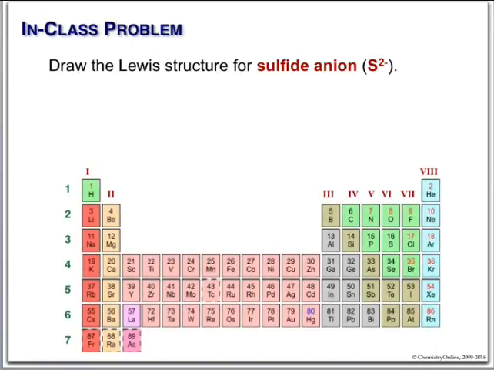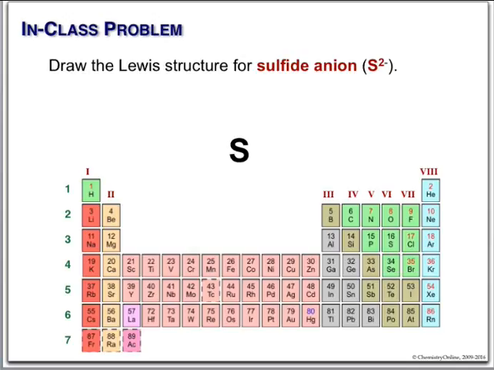You do this one. Sulfide dianion. Our sulfur is here. It's in group 6. So we're going to write our S. And we're going to put 6 valence electrons around it.